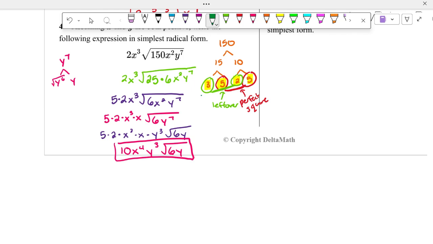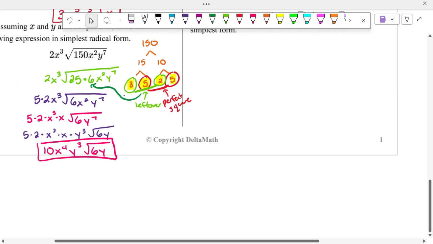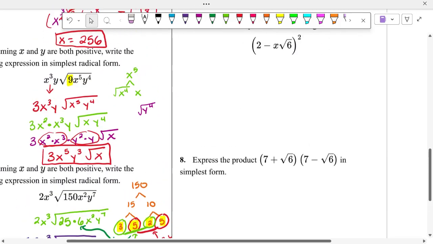But especially with the numerical part, if writing every step makes you comfortable, do it. Take as many steps as you need. You don't need to shorthand it, especially if this is stuff that confuses you. Any questions on that?